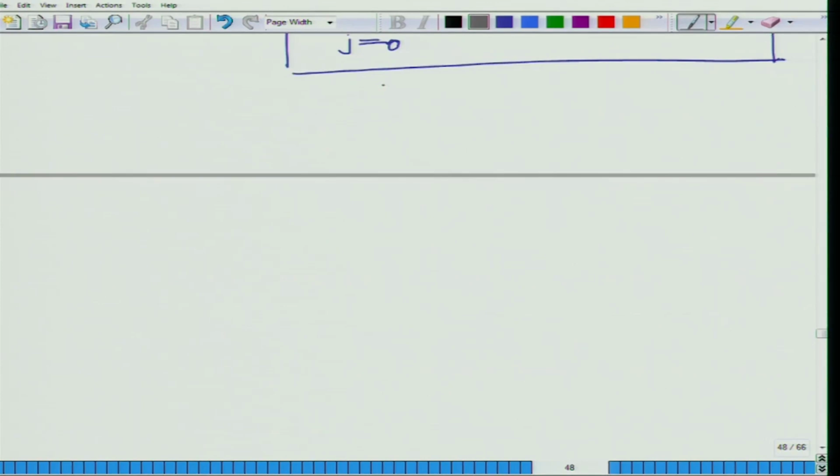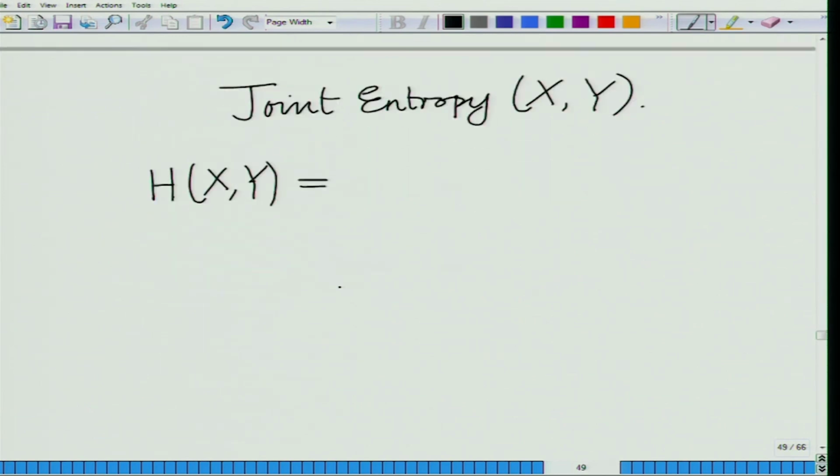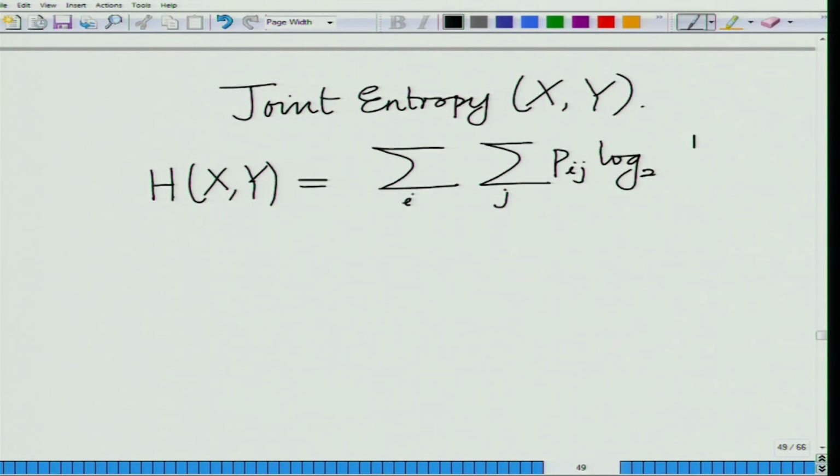The joint entropy, as we have seen, H of x comma y, is the summation over i, summation over j, of p i j log to the base 2 of 1 over p i j.